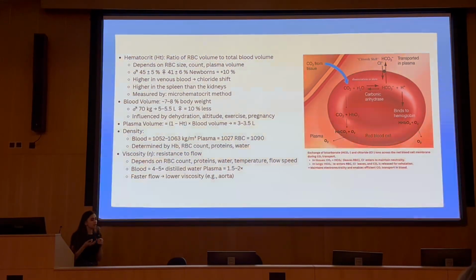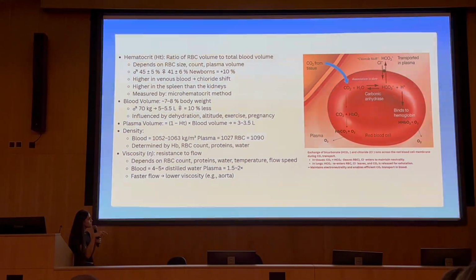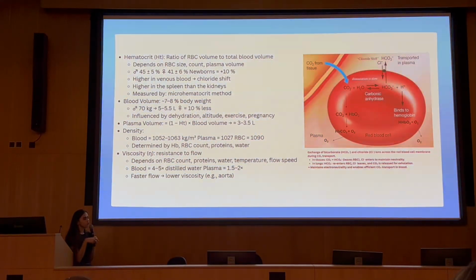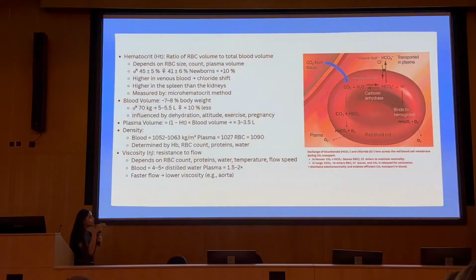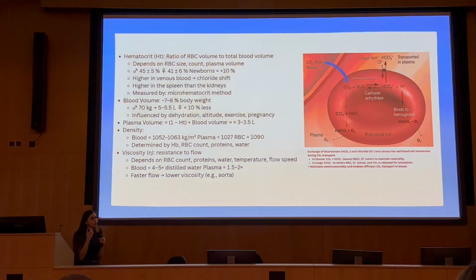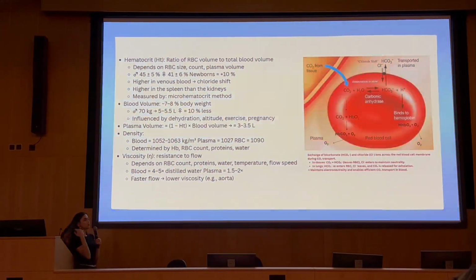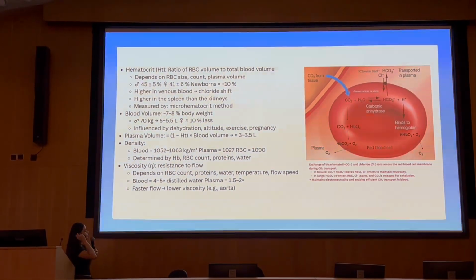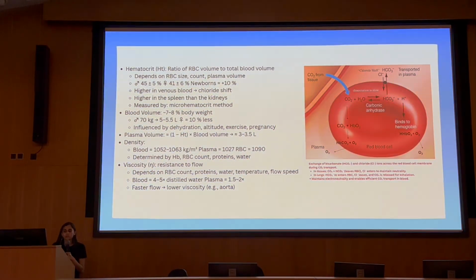So to maintain electroneutrality, when HCO3 minus leaves your RBC, you're left with a positive charge behind. So to make the RBC electrically neutral, chlorine, as in the Cl minus ion, will enter the RBC and it drags water along with it. So when it drags water along with it, it causes the RBC to swell, and that's the chloride shift.